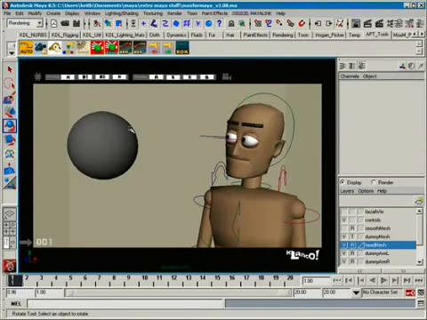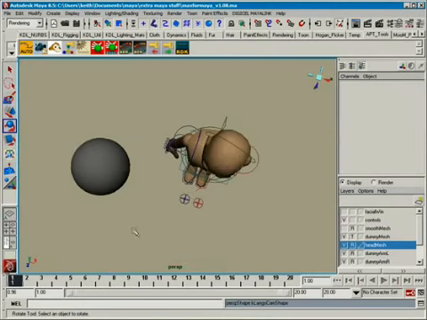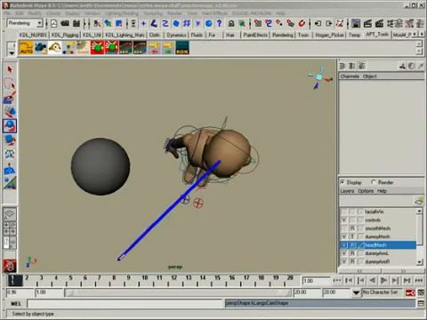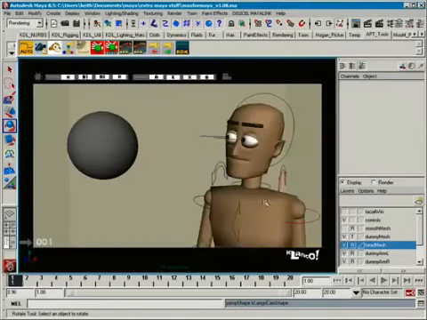We want to have that definite connection. But where's he really looking? He's actually looking out here in front of him. Doesn't matter. It really doesn't matter. The most important thing is that in this view, the one that we render and show the audience, it looks like he's looking at him.